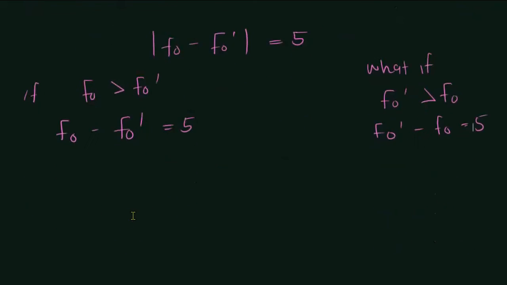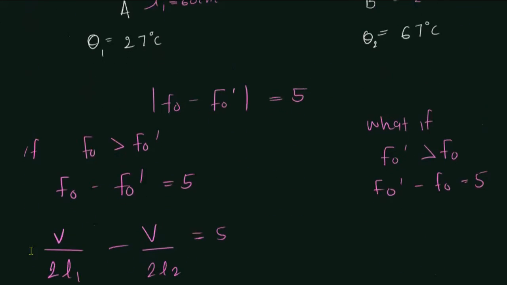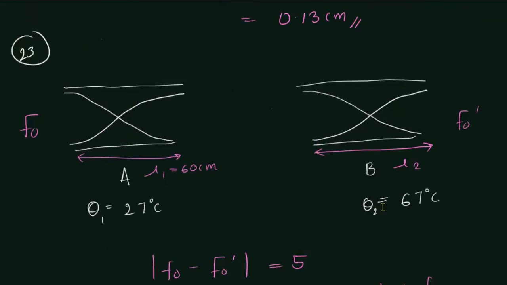Okay, let's do that. So f naught is v over 2L1 minus v over 2L2 is equal to 5. The fundamental frequency of an open end tube is v over 2L.